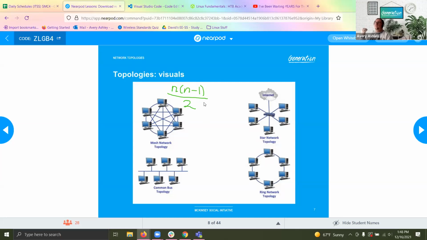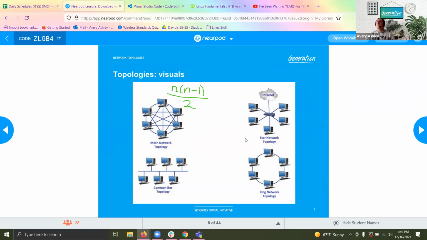That's going to be 15 different connections. So if you go through and count 1, 2, 3, 4, 5, 6, 7, 8, 9, 10, 11, 12, 13, 14, 15.